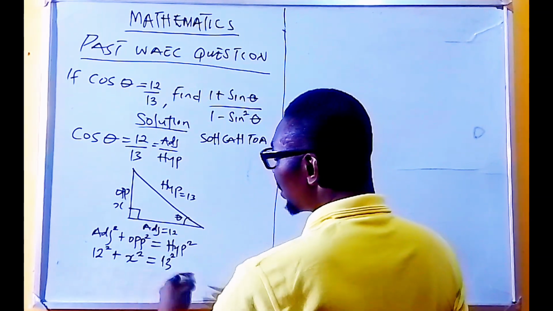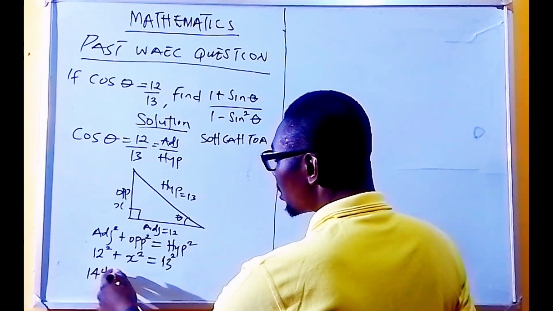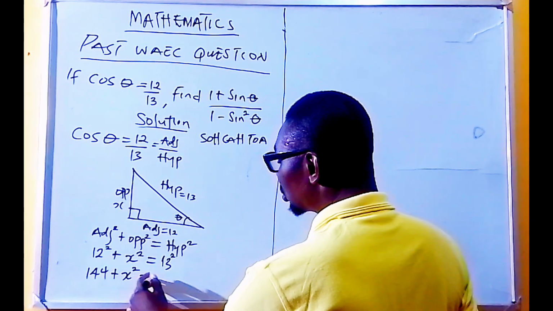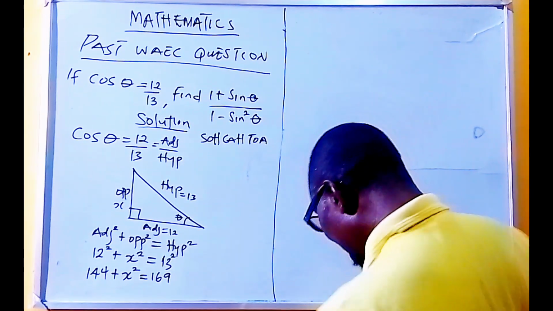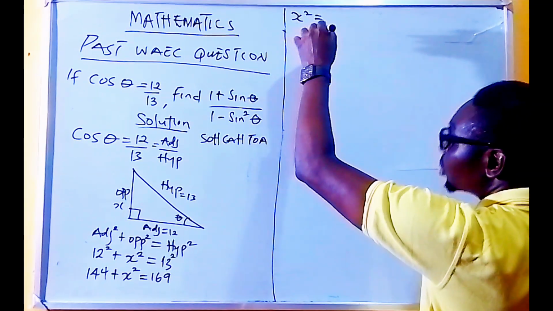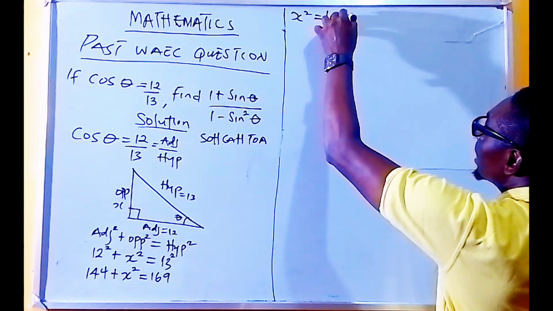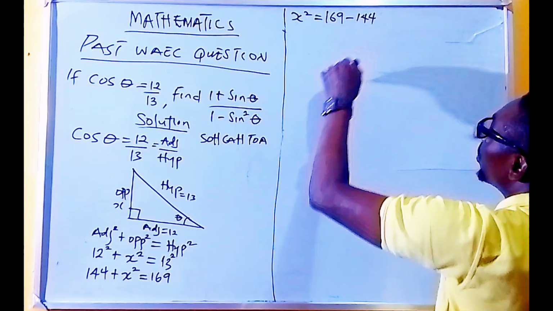So at this point, when you expand, you have 144 plus x squared is equal to 169. If you collect like terms here, you have x squared is equal to 169 minus 144.